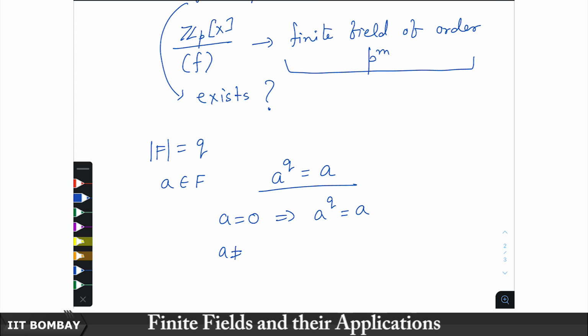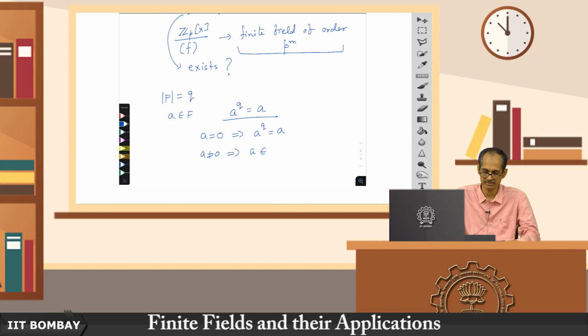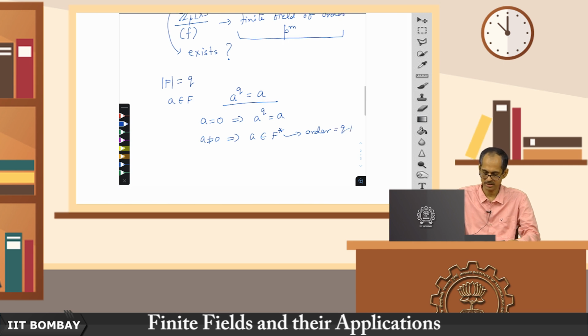If A is non-zero, then A is an element of the multiplicative group of non-zero elements in F. Any field, its non-zero elements form a multiplicative group that we denote by F star, and the order of this multiplicative group is q minus 1, right, because F has q elements, you remove the 0 element, there are q minus 1 elements.